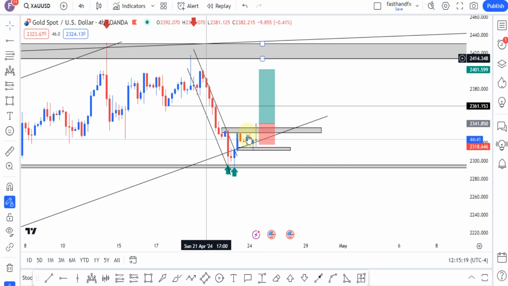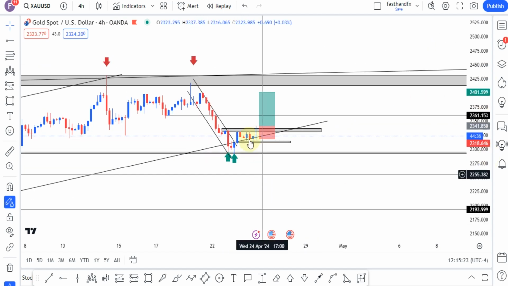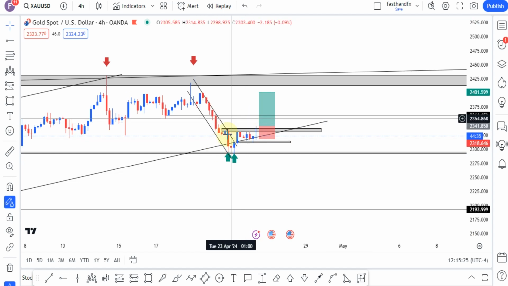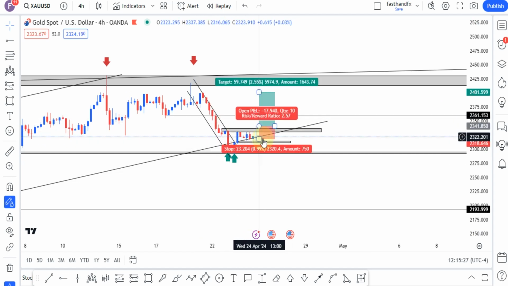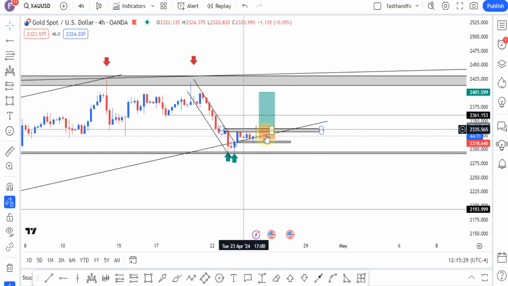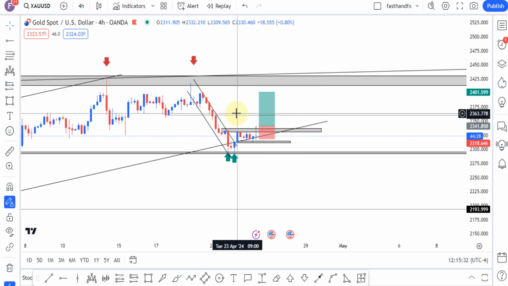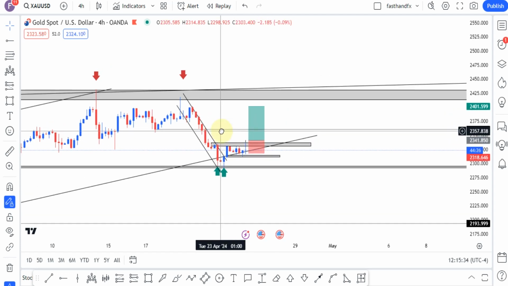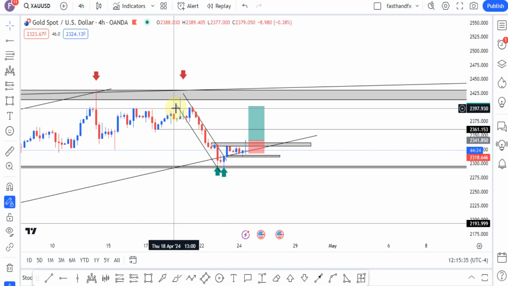Then we had this strong bullish move here, then we're having a correction. So maybe I'm expecting the market to break above this area, then we can be looking for these buys. So let's see what the market does, guys.